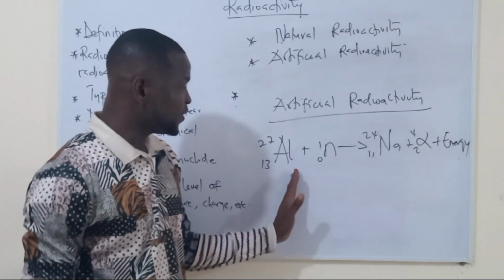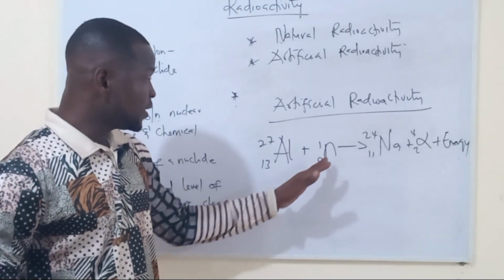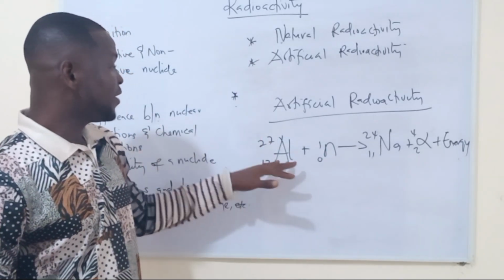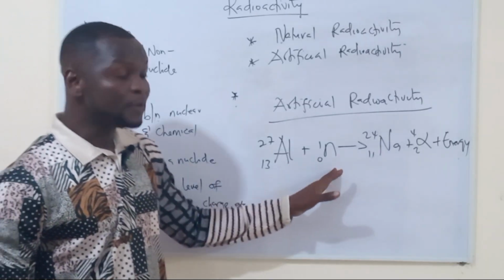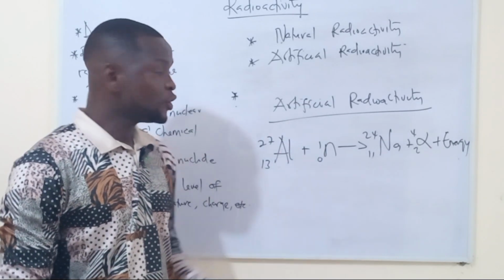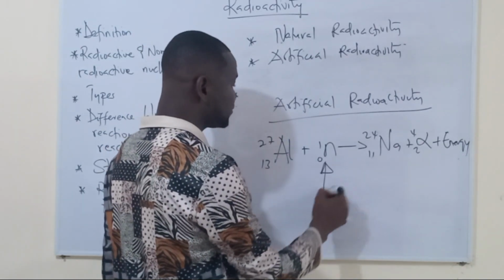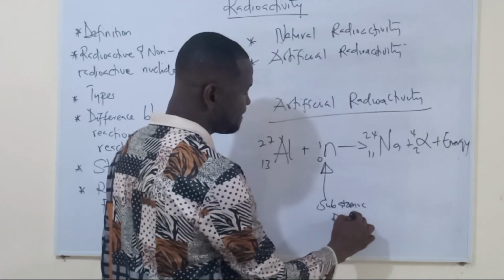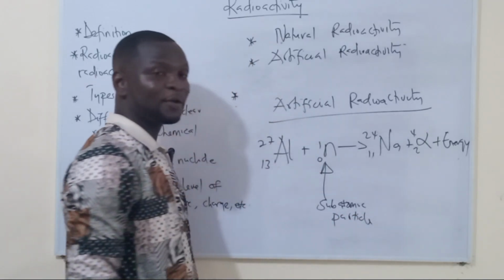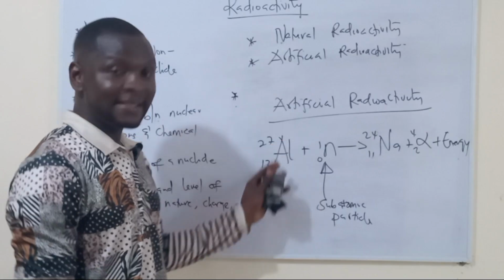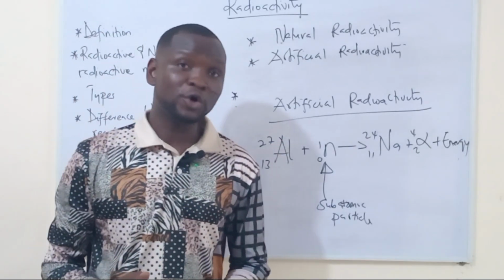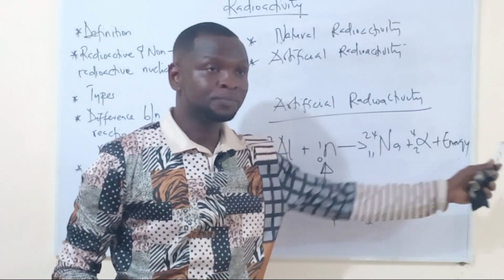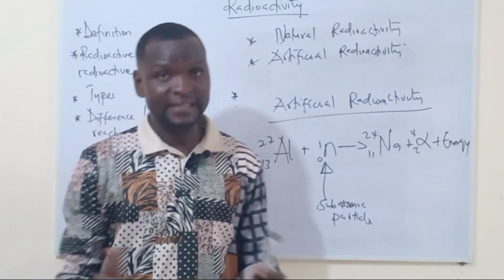So what can we see? In artificial radioactivity, we do not have just one parent nuclide. We have a parent nuclide that has been bombarded with a subatomic particle. So this is our subatomic particle. And that subatomic particle, when it hits this nuclide, disrupts the nucleus of the nuclide, and therefore it will give you this reaction. That is how you identify artificial radioactivity.